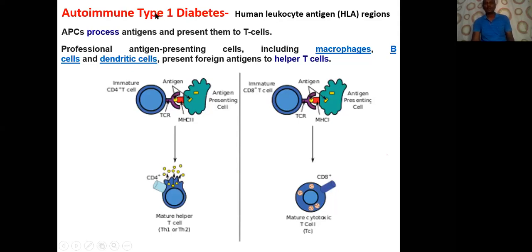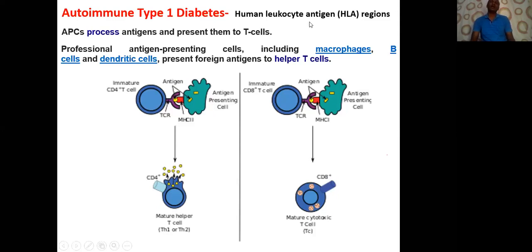Our own body cells, our own body molecules, our metabolites will be recognized as antigens, and then they'll be removed from our body through cytotoxic reactions. In type 1 diabetes we have this autoimmune disease. How it develops: we have a gene that represents particular proteins, the human leukocyte antigen gene, in chromosome 6.